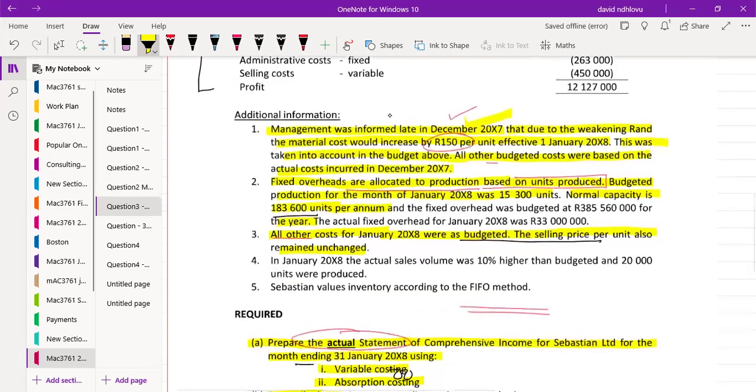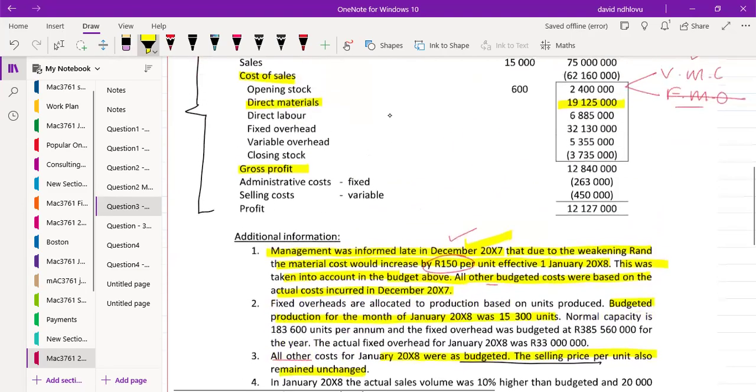Right, so if we go through the question, they gave us the budgeted number of units of production here. That was provided. They say the budgeted production for the month of January is 15.3 units.